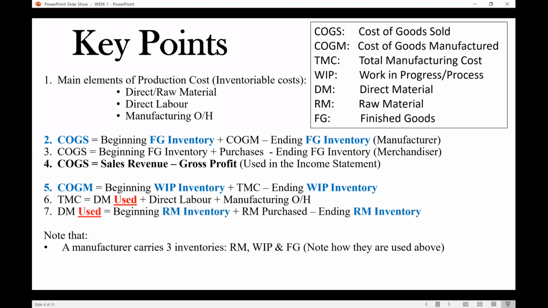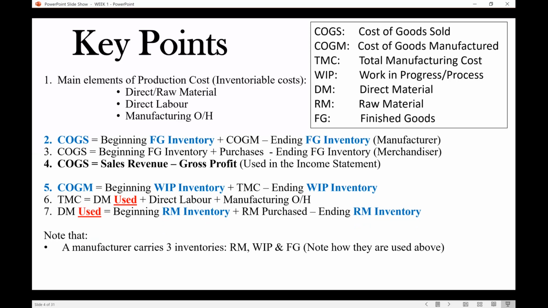So how do we find direct materials used? Direct materials used is your beginning raw materials inventory plus what you purchased, your raw materials purchased, minus your ending raw materials inventory. So essentially this is saying, okay, what did I start the year with? What did I buy?